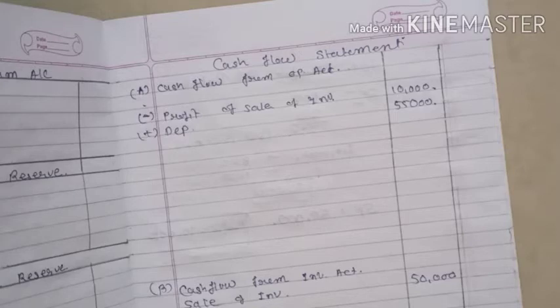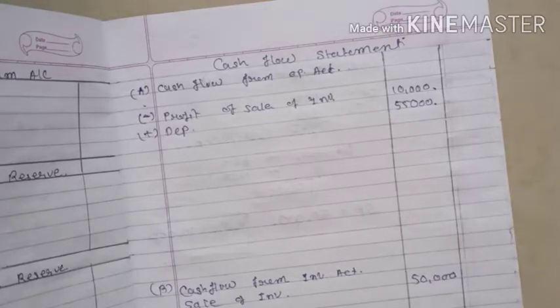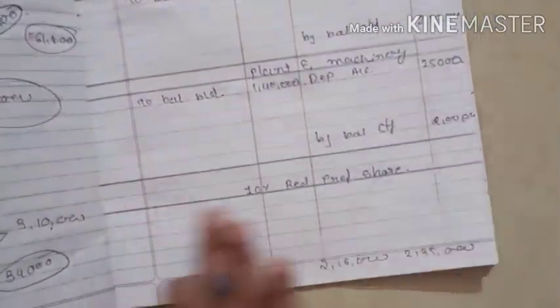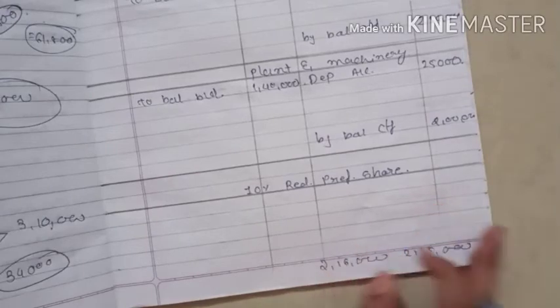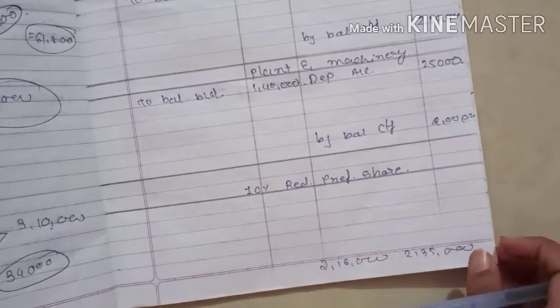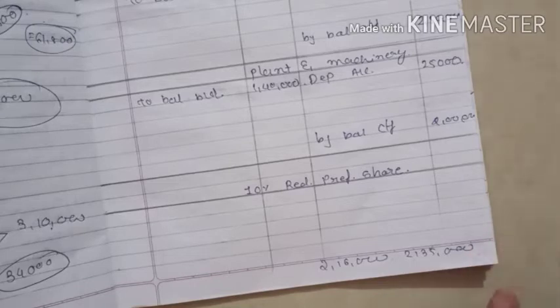Then the company has redeemed a redeemable preference share with a 5% premium, and for that purpose they are going to transfer 1 lakh rupees from general reserve to the capital redemption reserve. So first we are placing the opening balance and closing balance of the preference share, general reserve, capital redemption reserve, and the securities premium. First we put the entries over there, then we will give the effect.